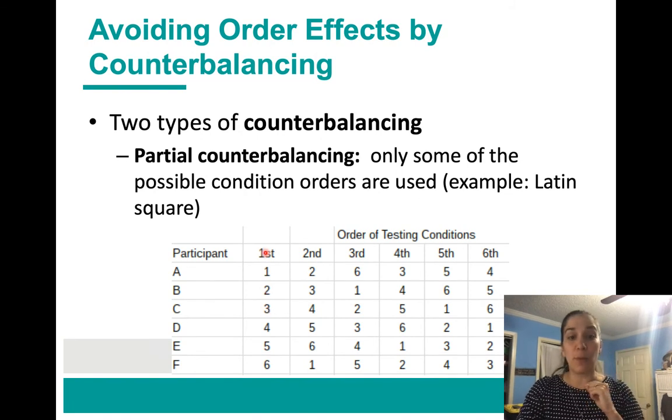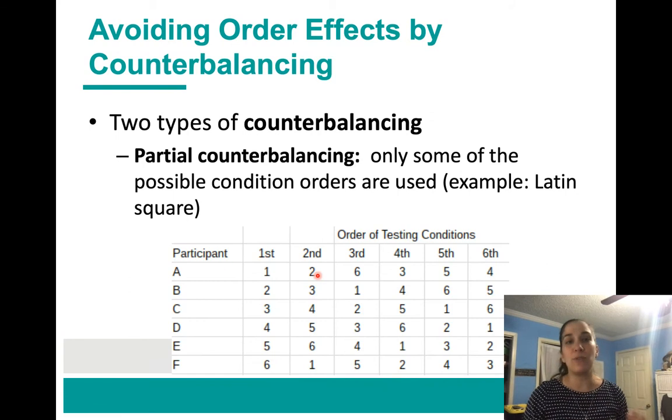Then level 3 is exposed first at least once. Level 4 is exposed first at least once. And this goes for every order. So level 1 is exposed second at least once. Level 2 is exposed second at least once across the participants.